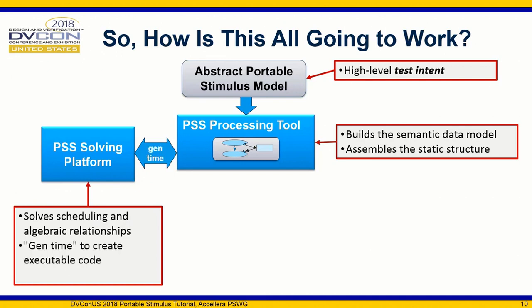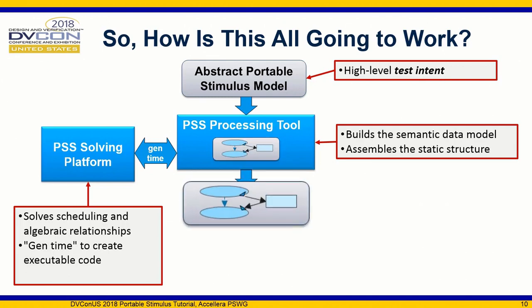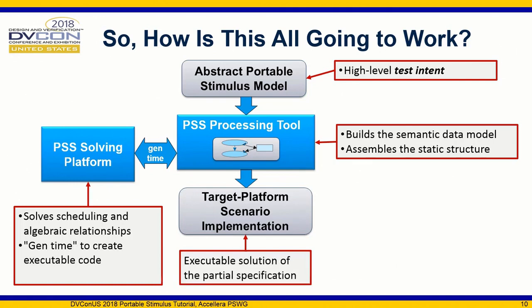We can do it at what we call gen time. So if you're going to create the test first and have a piece of C code that you'll then run on your processor, we have to solve all that stuff first before we can generate the code. Or we can generate code that will run in simulation that will at runtime go and talk to the solver to figure out what's the next thing to happen. Right? Different tools do different things. Different applications require different ways of dealing with it.